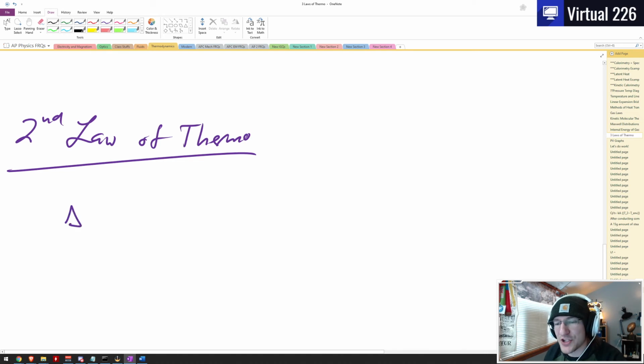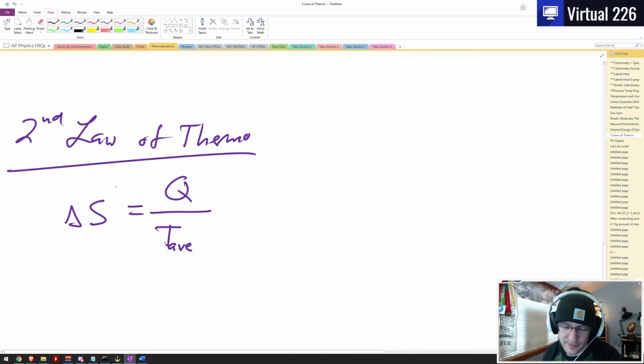Some change in entropy, which can also be thought of as chaos in a system, is equal to Q, which is a heat change, so heat energy entering or leaving a system, divided by an average temperature of that process.